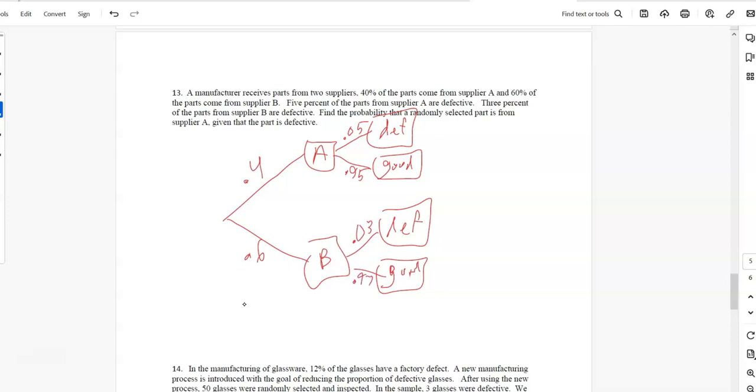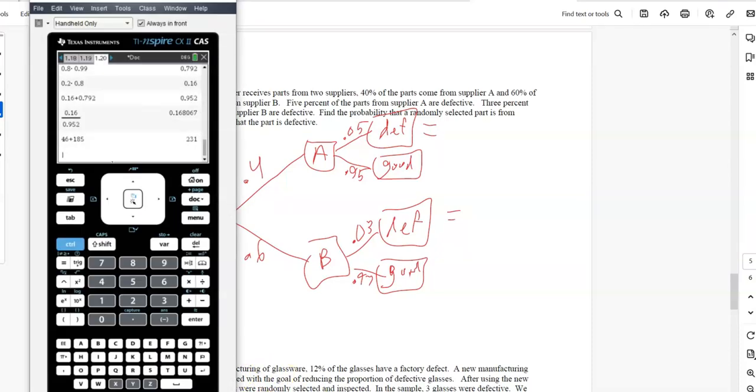Find the probability the randomly selected part is from supplier A, given that the part is defective. So first, let's figure out the defective. You would get your calculator out and start working this. So 0.4 times 0.05, that's the first defective there, 0.02.